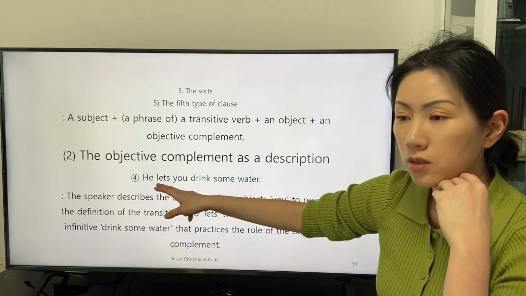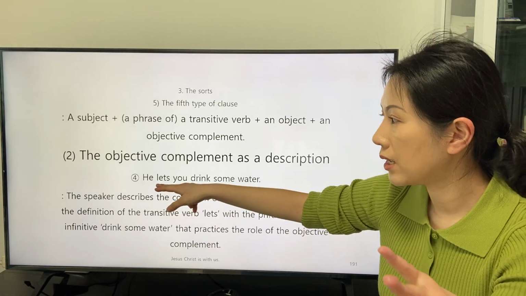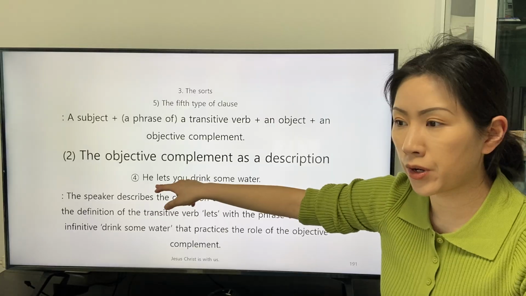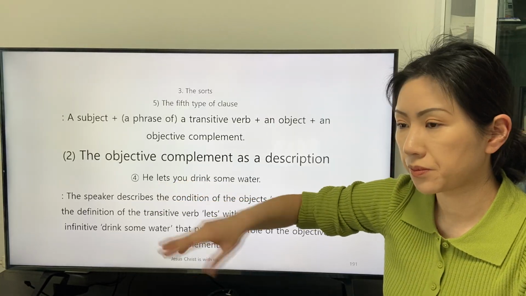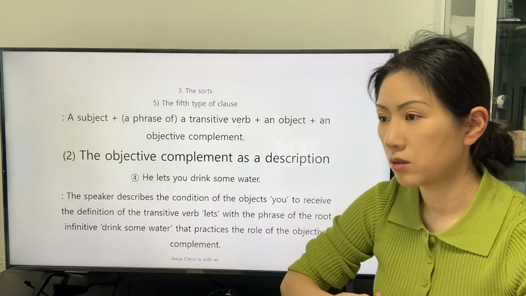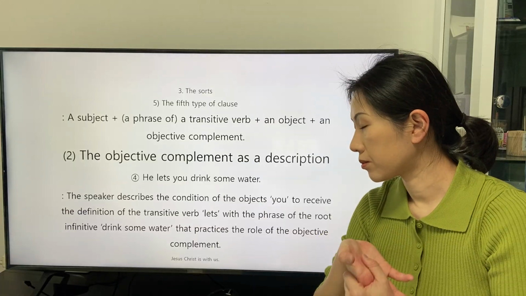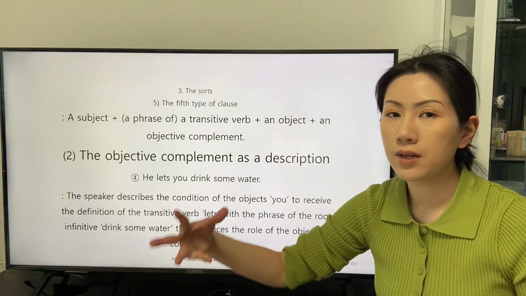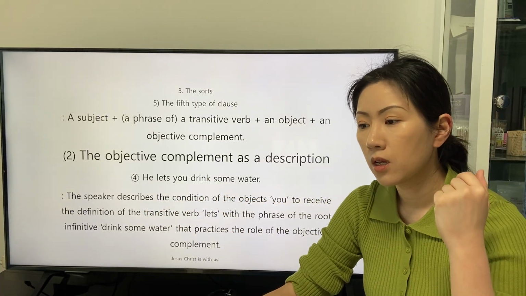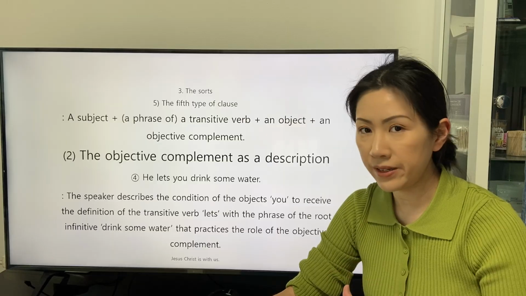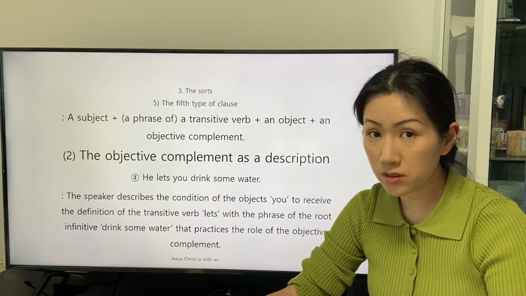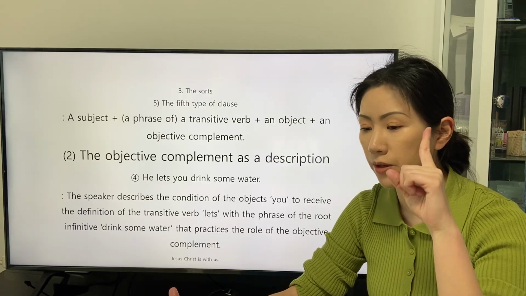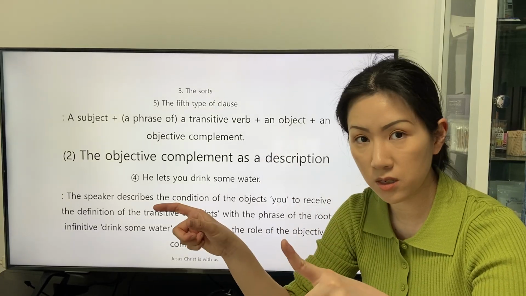The causative verb intends to deliver the definition of the causative verbs. The definition of the causative verbs delivers the intent of the speaker from the subject to the object.